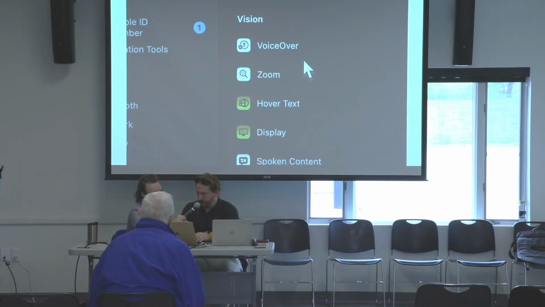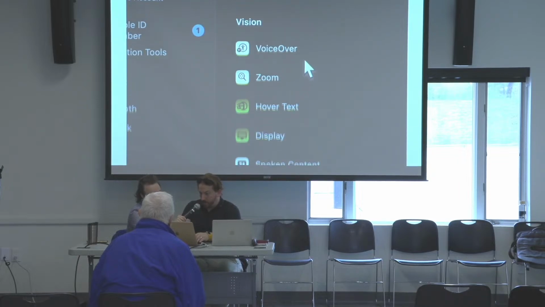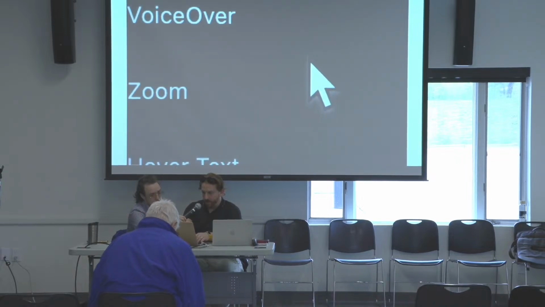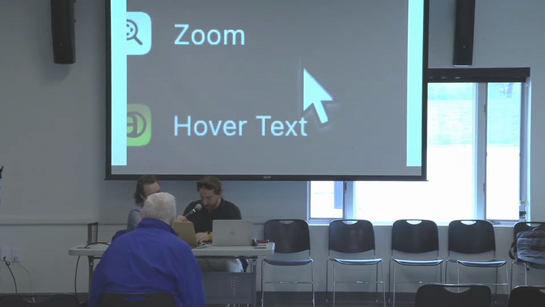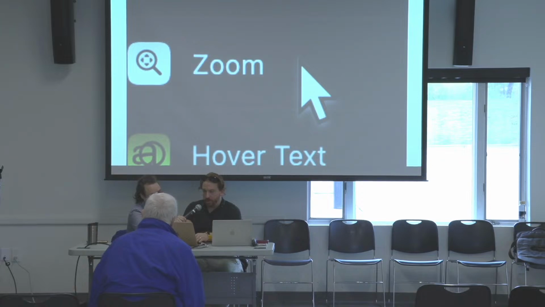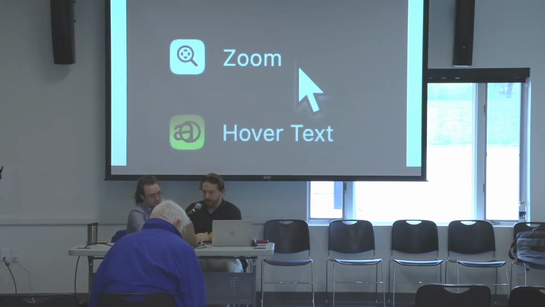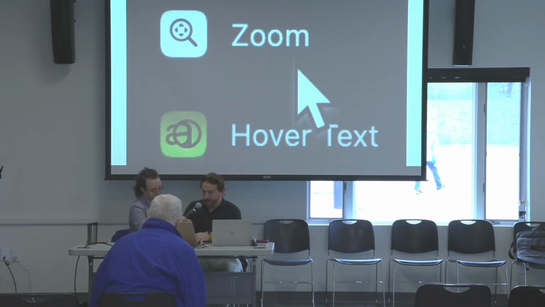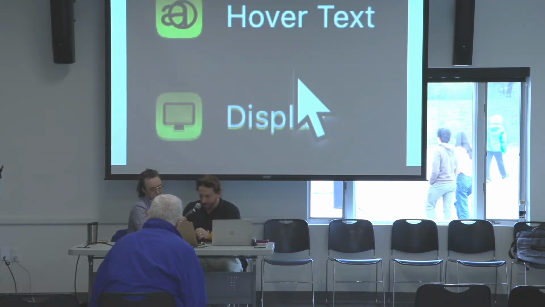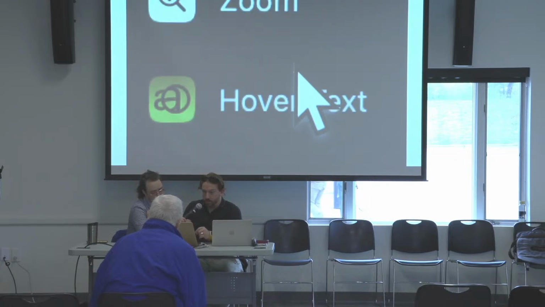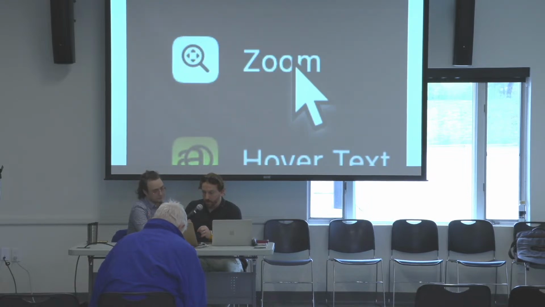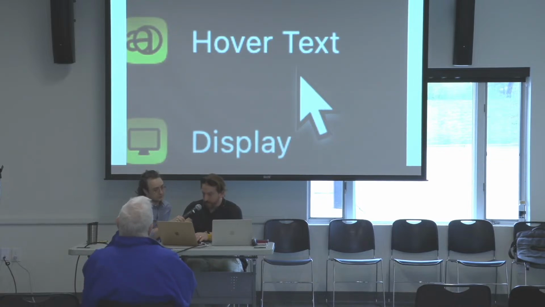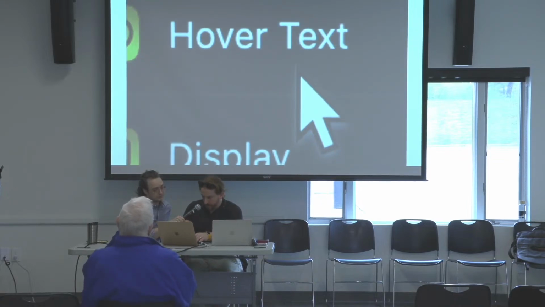Here are the different kinds of features you can change. There's VoiceOver, there's Zoom, which is what I've been using, zooming in and out just for me because my eyesight is really bad. This is really good for usage too if you can't read it, and it helps with the cursor and stuff.